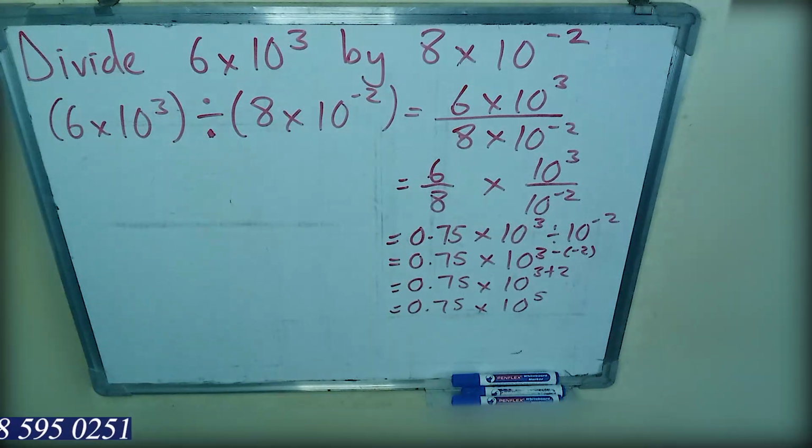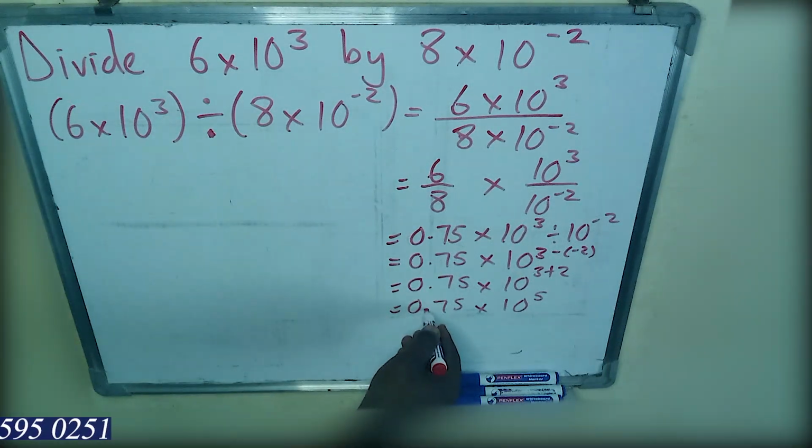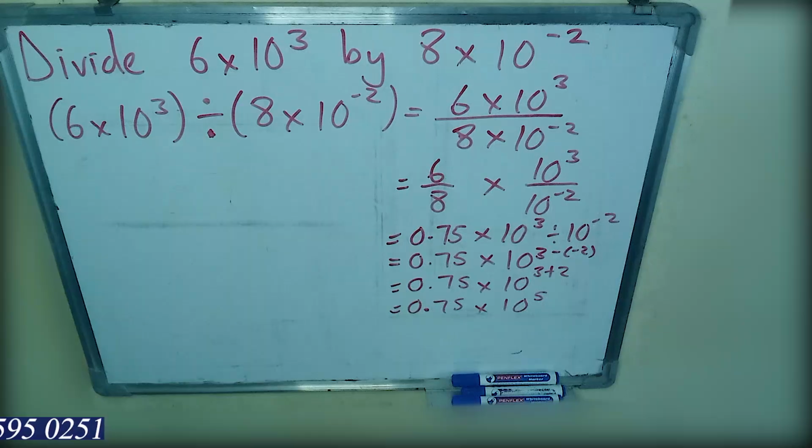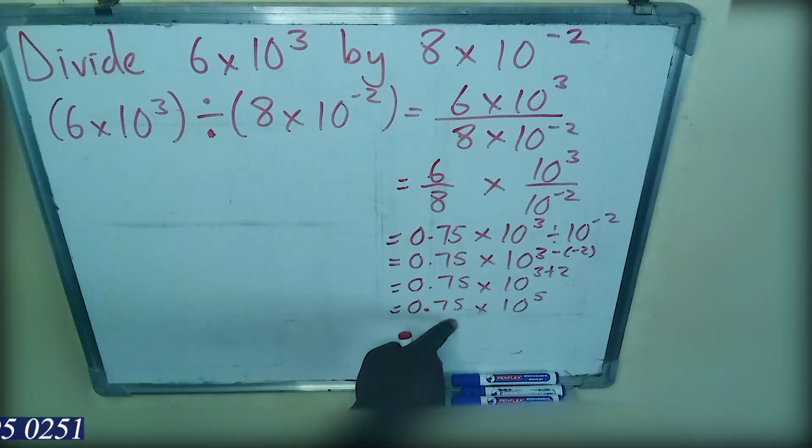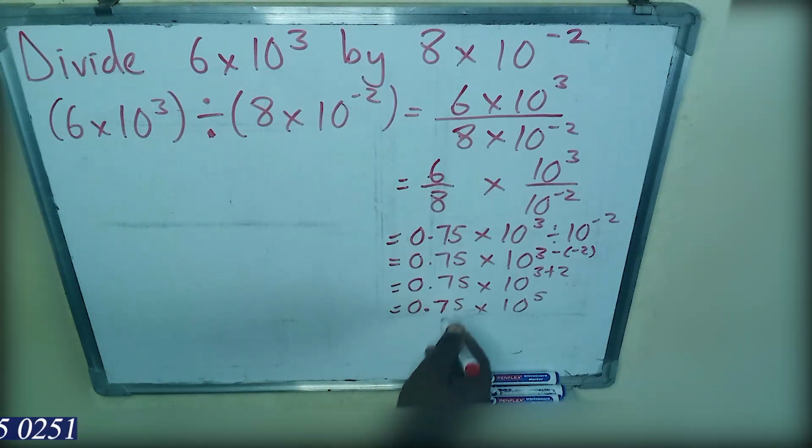But your answer here is not in standard form, because the comma is after 0, which is not the correct way of writing a number. The comma must be after 7 there, a non-zero number.